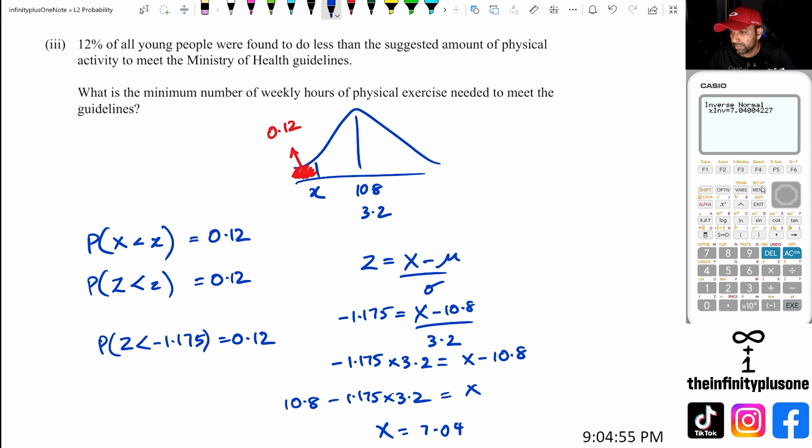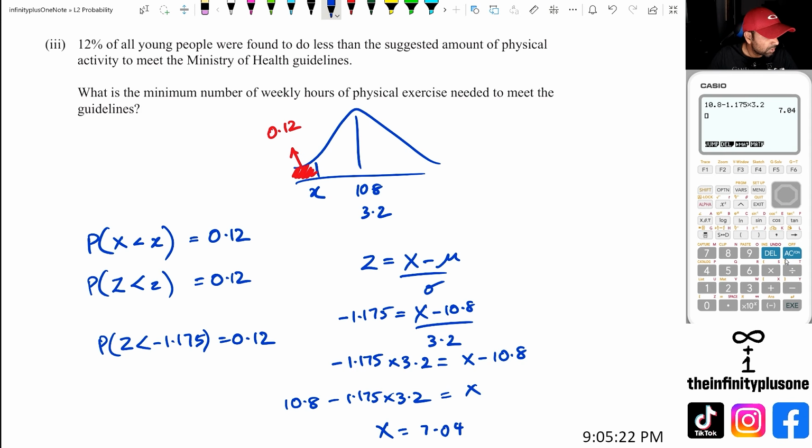So we're going to go into the main menu of the calculator, and we're going to try this out. I was trying something before and it didn't work out. All clear. Okay, so we got 10.8 minus 1.175 multiplied by 3.2. And as you can see, that's going to give us 7.04 as well.